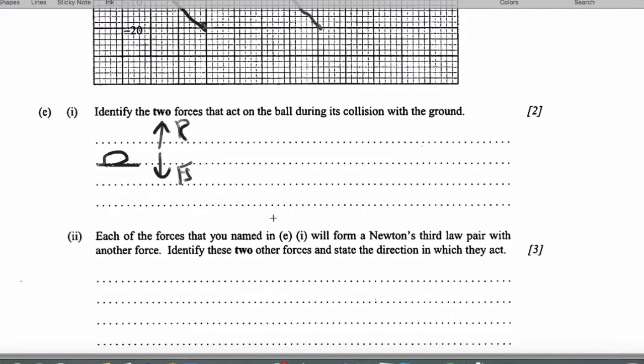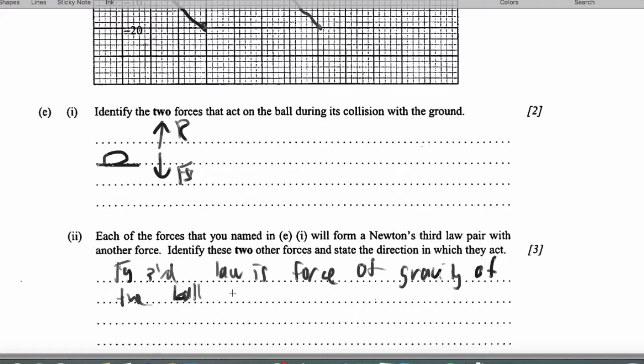Now, we will in fact get a reaction force, and these form third law pairs. So the first is the FG third law, which is the force of gravity of the ball pulling up on Earth.